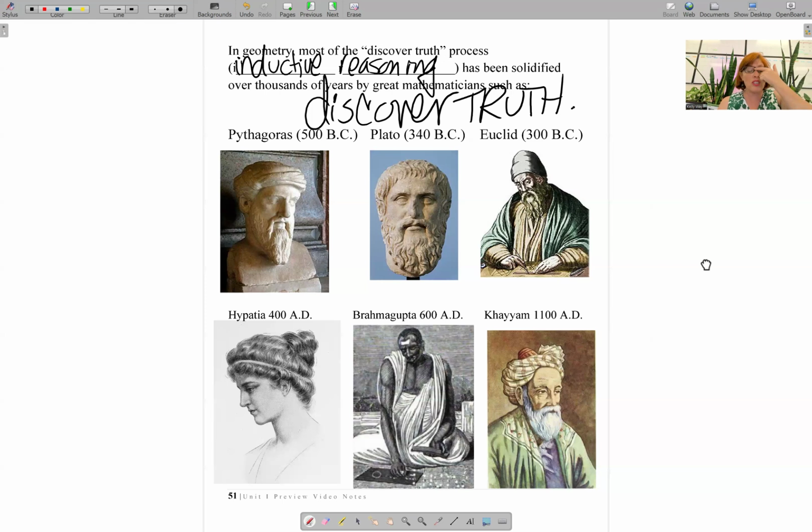These are just a small sampling of mathematicians from around the world who have discovered geometric truths that we will be utilizing and applying in this class.